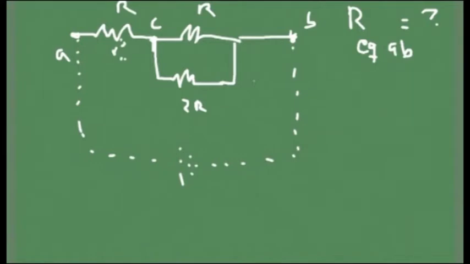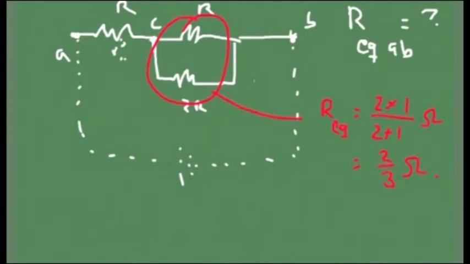So the equivalent resistance of these 2, this and that, is 2 times 1 divided by 2 plus 1 ohms. So that is 2/3. Right? So now I can replace them with a resistor of 0.66 ohms.